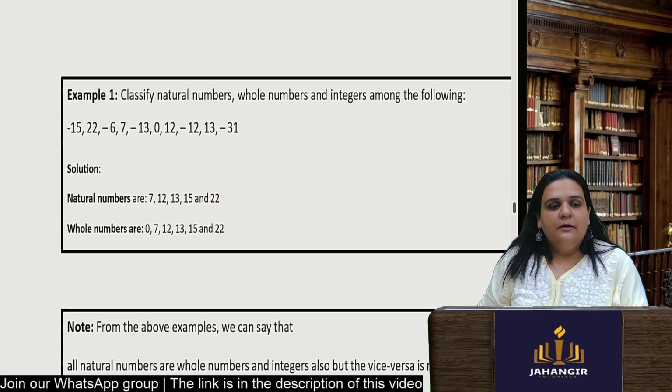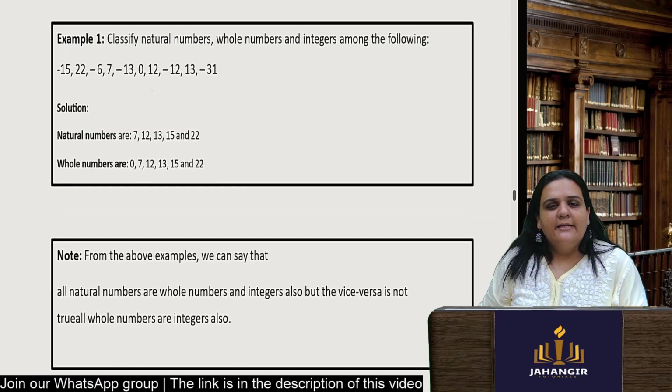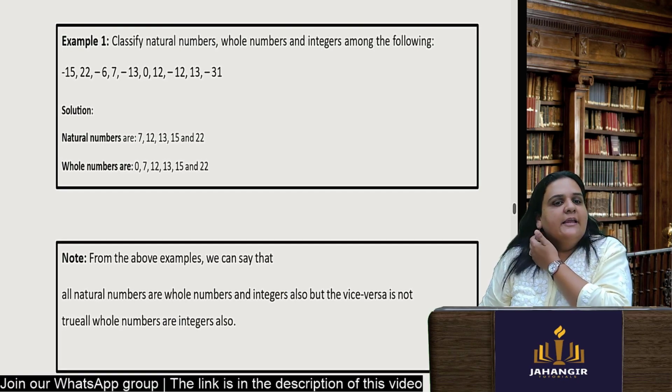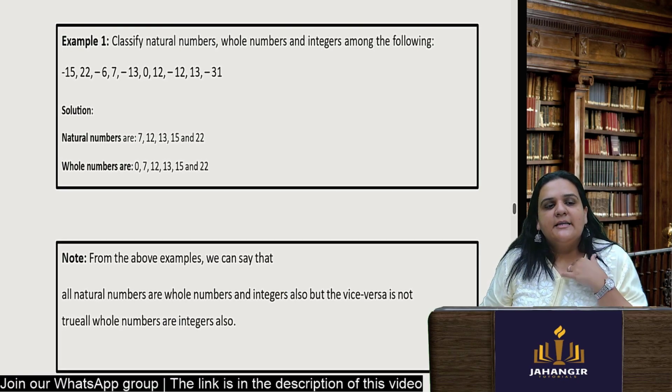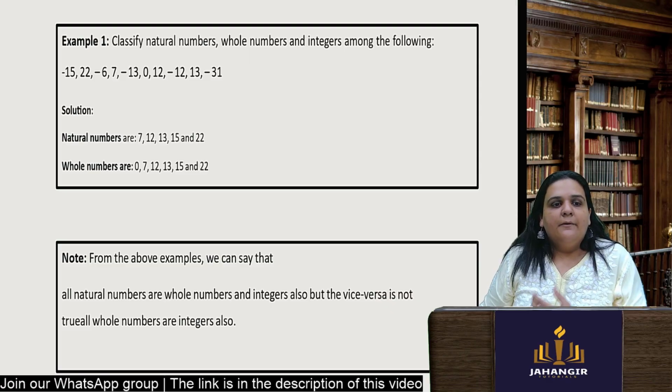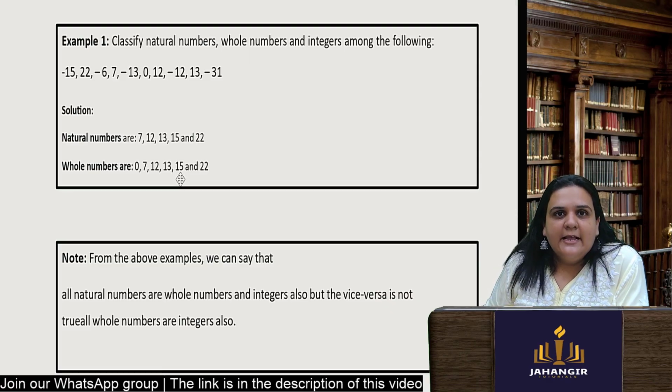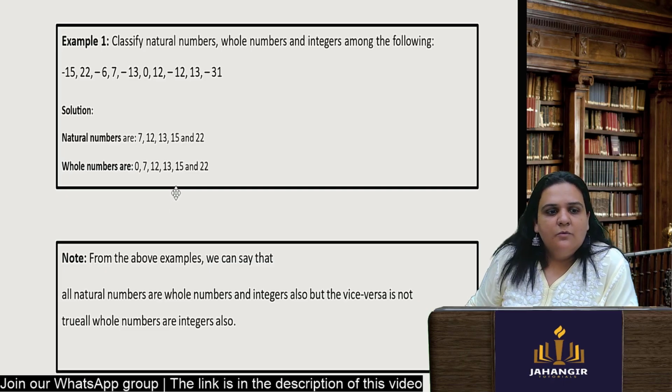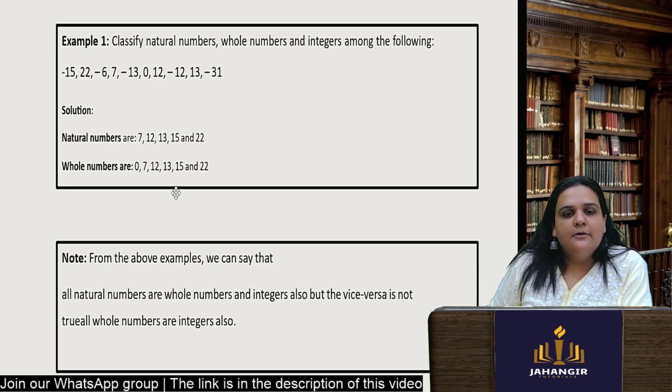Okay. Now let's see some examples. Classify natural numbers, whole numbers and integers. So if I classify natural and whole, they both will be together known as integers only. The minus sign we will include in the integers.